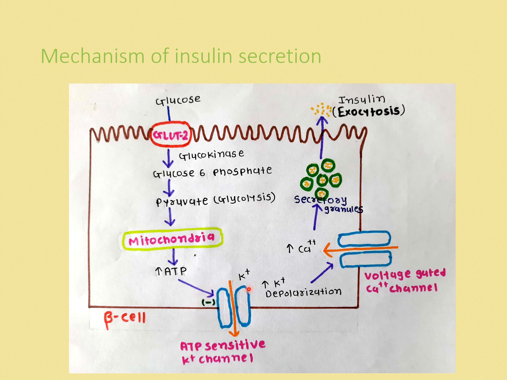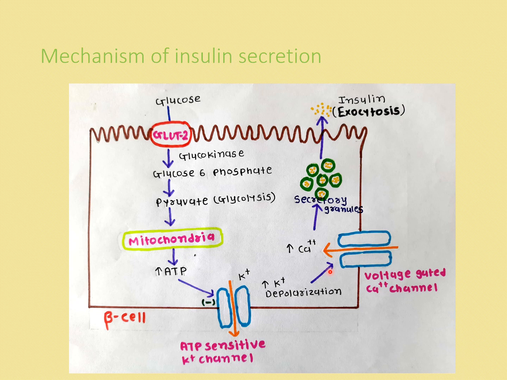As a result, there is increase in the concentration of potassium, which leads to depolarization of the cell membrane of the beta cell. And because of this depolarization, there is opening of voltage gated calcium channel.